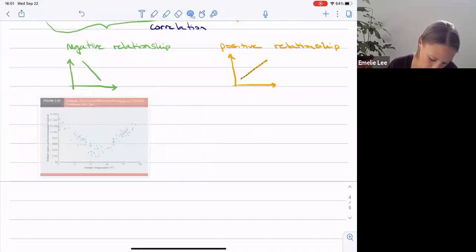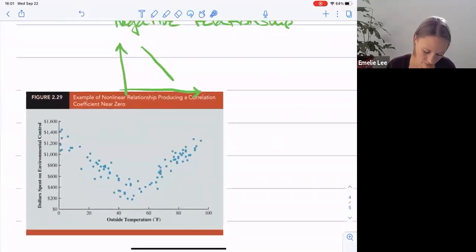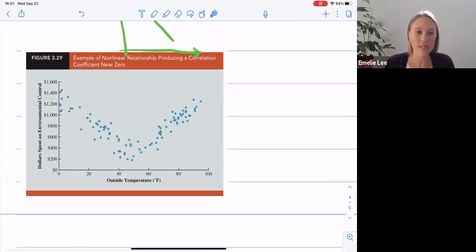So here, notice that we have a non-linear relationship. This is a relatively strong non-linear relationship, because we can see that there is some pattern, and we expect future data points to follow this pattern as well.